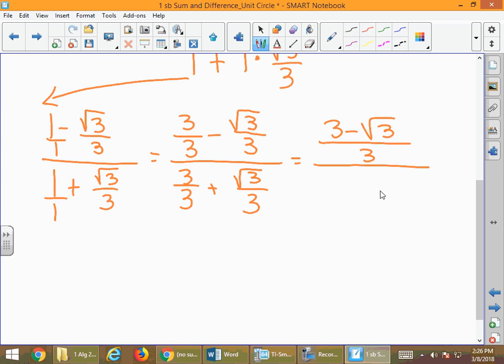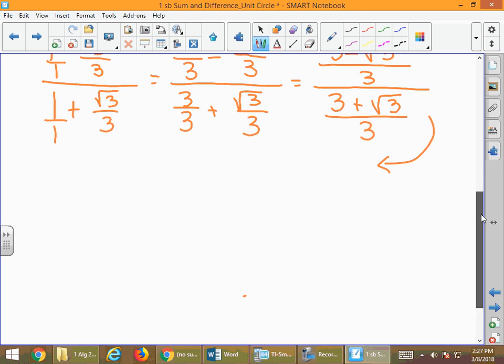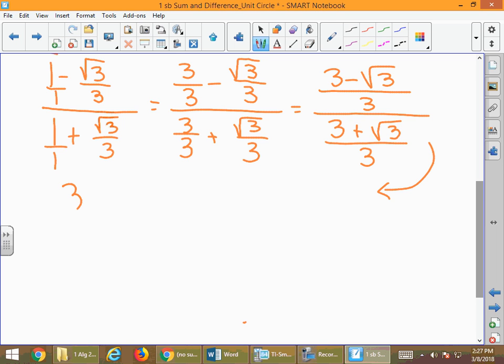So we've got the common denominator in the top. If we simplify it with the common denominator in the bottom here, we get 3 plus the square root of 3 over 3. And then let's go old school. So this is 3 minus the square root of 3 over 3 divided by 3 plus the square root of 3 over 3.